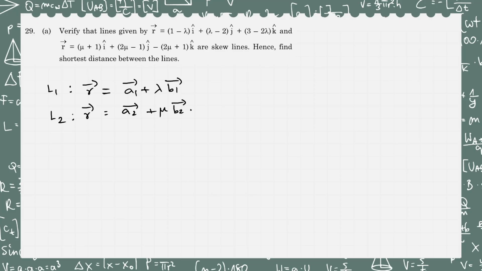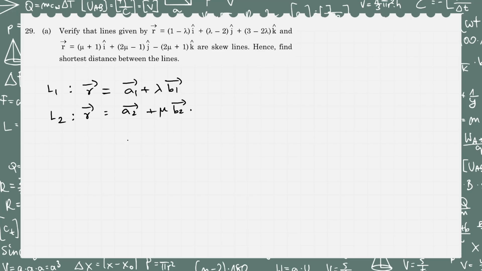We know that the general equation of the vector form of the lines will be in this format, right? Line 1 will be r bar equal to a1 bar plus lambda times b1 bar, and line 2 will be r bar equal to a2 bar plus mu times b2 bar. You guys know that b1 and b2 are the vectors which are parallel to the given line 1 and line 2 respectively, and a1 bar and a2 bar are the component form of the points through which these lines are passing, right?